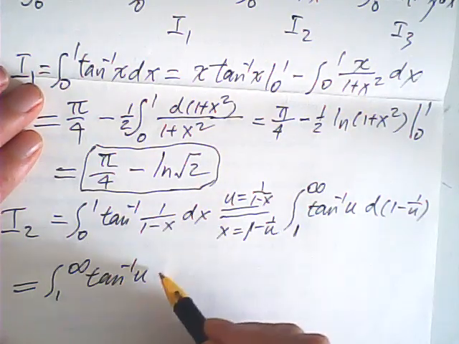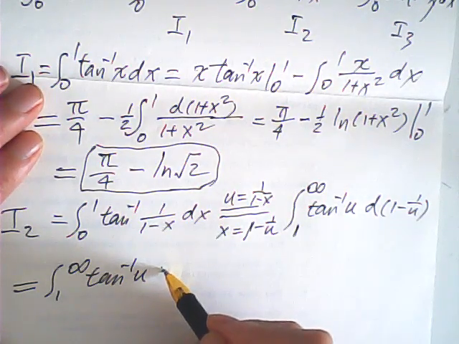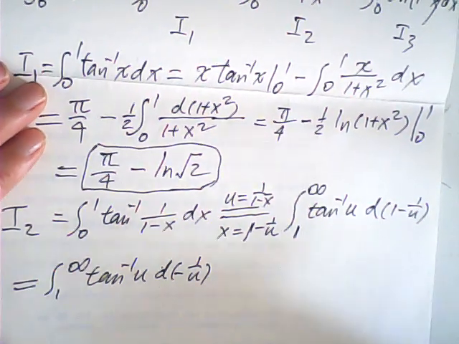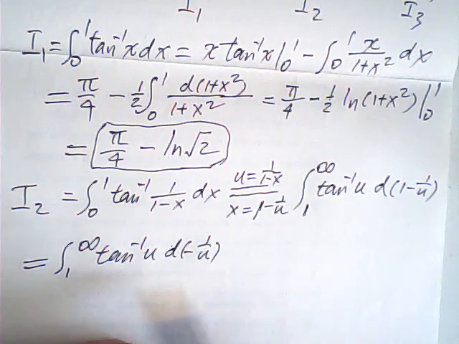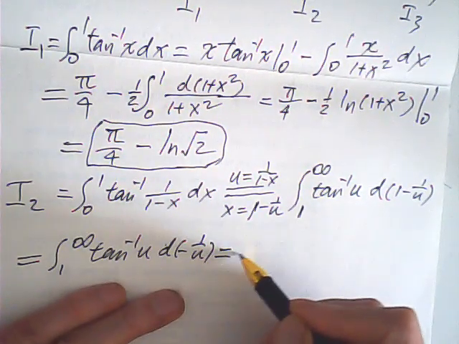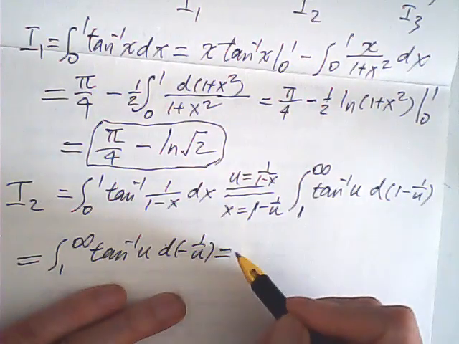This is the same thing as d negative 1 over u, right? They're the same. Now I can use by parts again. So this is u, this is dv.